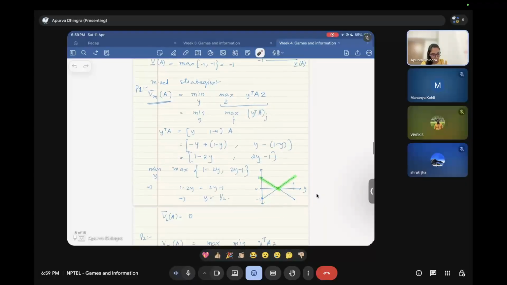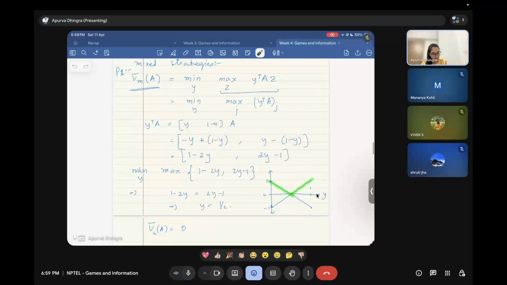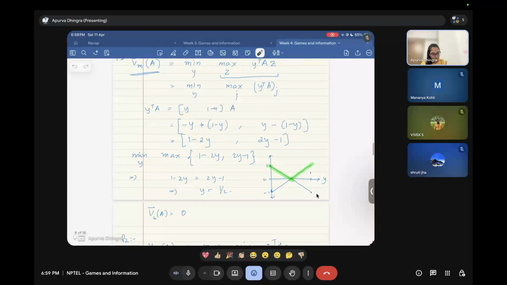Now what you need to do is take the max of these two. Taking the max of these two means you want to choose, so if you were to plot them, you could plot them. Here in the plot you are plotting the utility on this side and the y value on this side. The y value would range from 0 to 1.